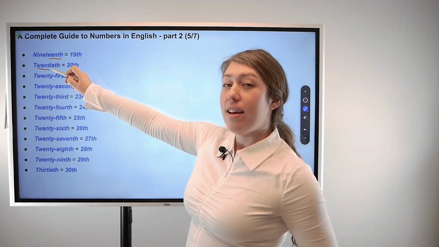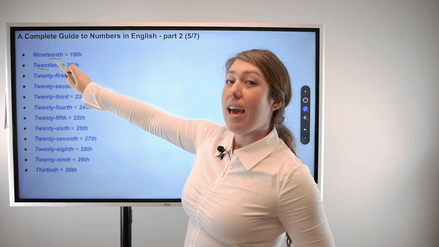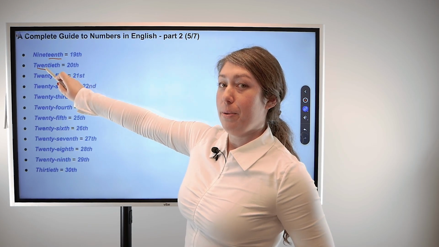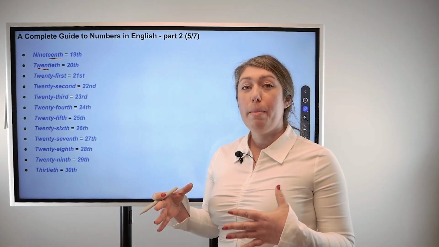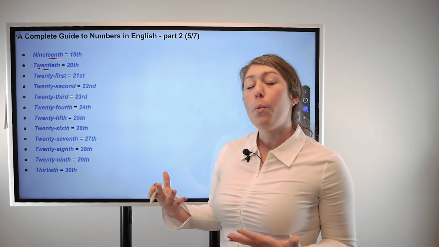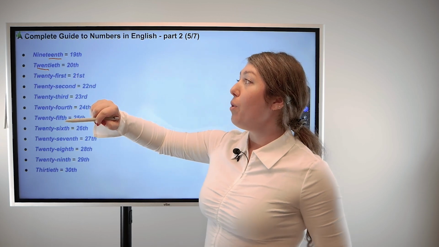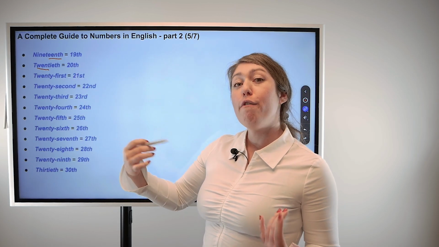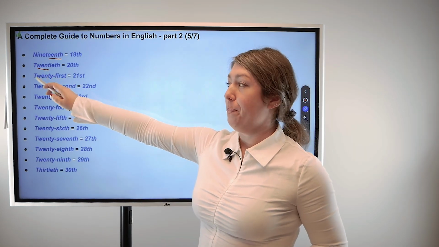So remember, the teens have the emphasis on the second syllable, and the tens have the emphasis on the first syllable. One more time. 20th. Good. So remember, for numbers in the teens, we put the emphasis on the second syllable. But for numbers in the tens, like 20, 30, 40, 50, the emphasis is on the first syllable.